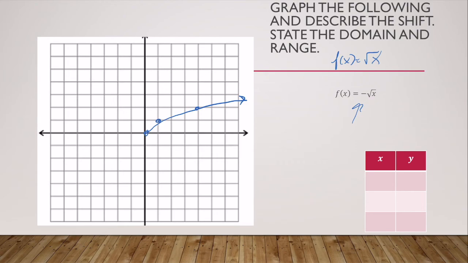So if I have x is 0, 1, and 4, negative square root of 0 is still 0. Negative square root of 1 is negative 1. And negative square root of 4 is negative 2. So this is my new function. It's reflected over the x-axis. And we're going to talk more about reflections of functions as we move forward through this course.